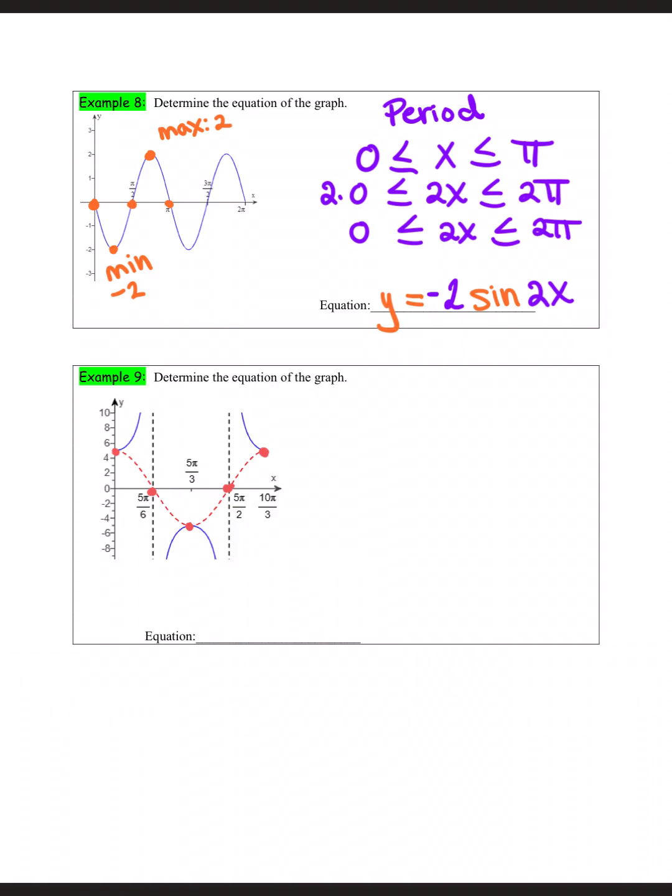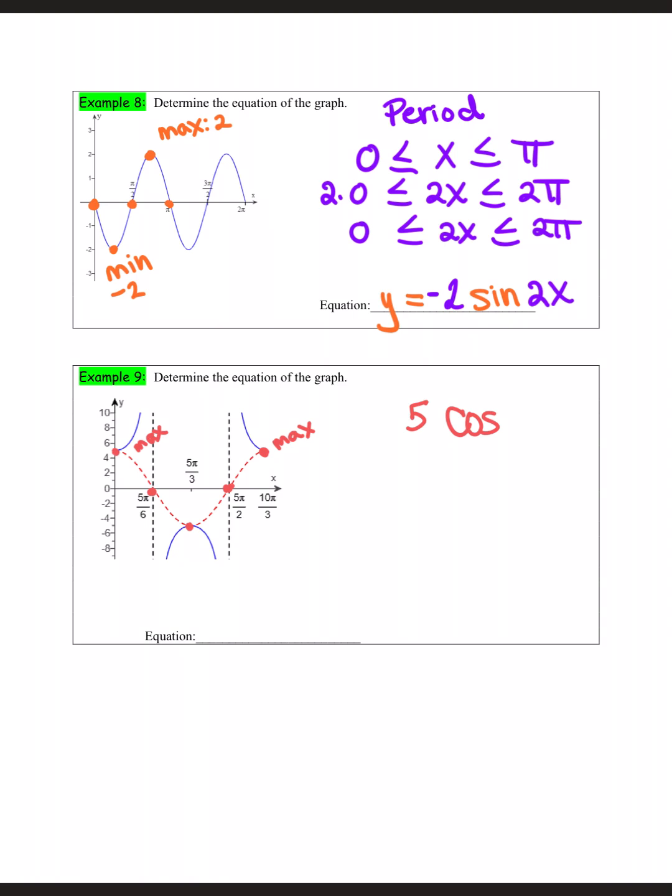So it starts at a max and ends at max. And I know that that function has to be the cosine function. What I also know is the amplitude is 5 because the high is 5 and the low is negative 5.